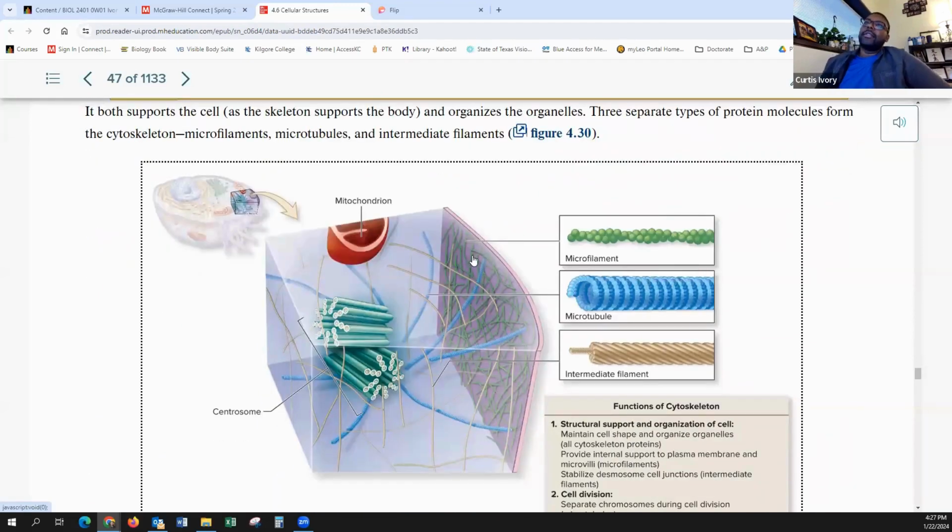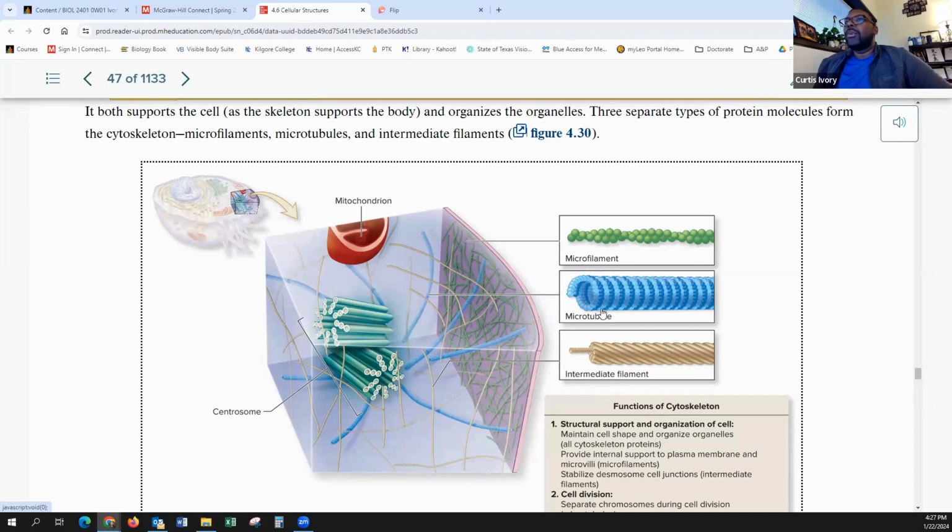And the cytoskeleton, which we mentioned has to do with what gives the cell structure to keep it stable. So you have what's called microfilaments, microtubules, and the intermediate filaments. Microfilaments, micro means very, very small. Intermediate means middle, so you can get it from that prefix of middle or inter.